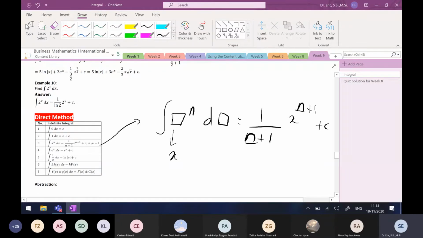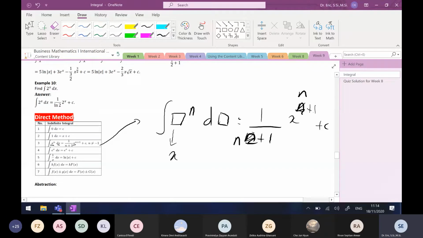It can be the integral of u to the power of n du equals 1 over n plus 1, u to the power of n plus 1. Okay, this is just this one. So x can be substituted with whatever we want. It is symbolized by the square here.